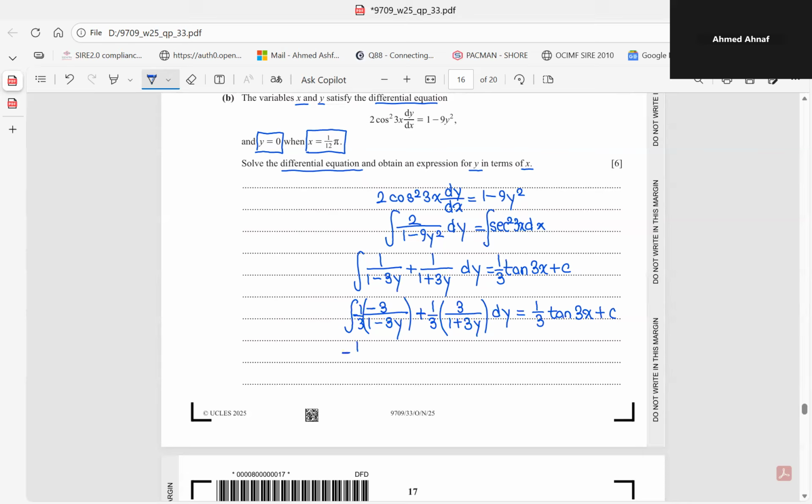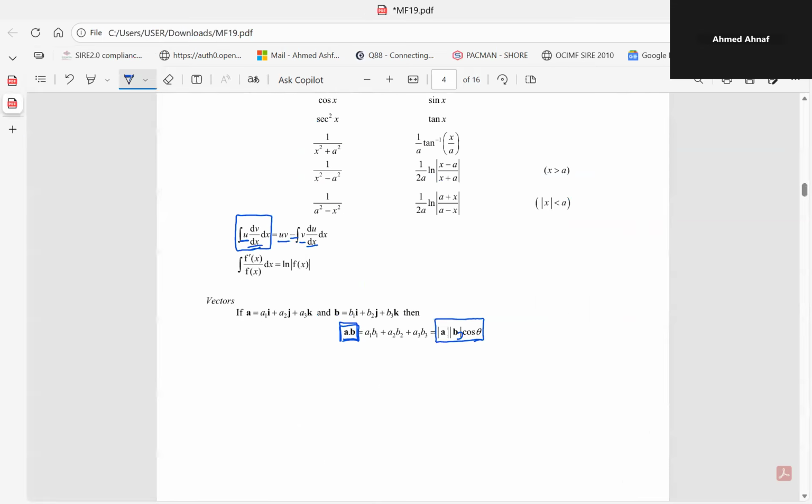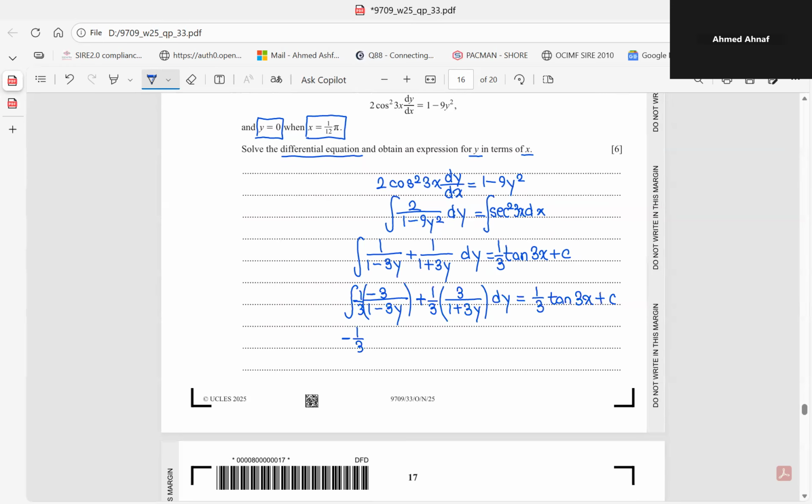You keep that alone and you only integrate the fraction in the bracket. So it's in the form f prime x over fx. So hence, according to the formula sheet, it'll just be ln of fx. So -1/3 ln of 1 minus 3y.